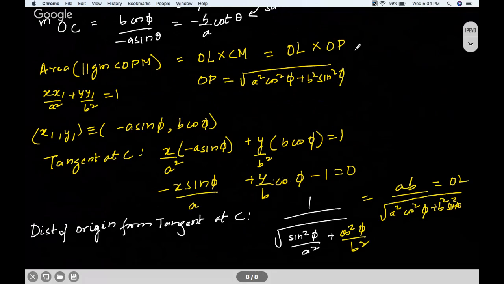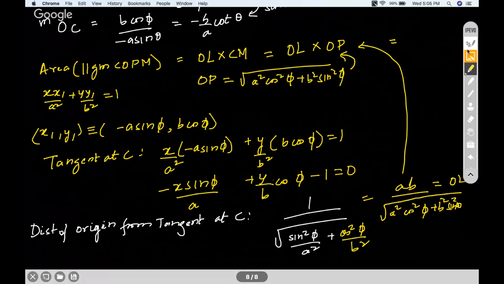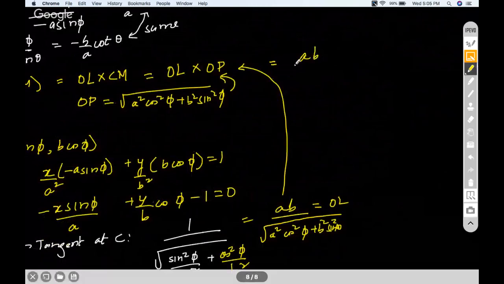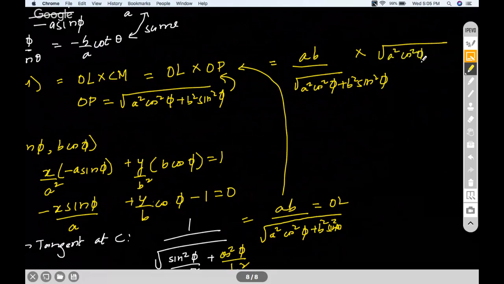So when you substitute it, you get your area as AB by under root A square cos square phi plus B square sine square phi into under root of A square cos square phi plus B square sine square phi, which gets cancelled off, and we get the area as AB.